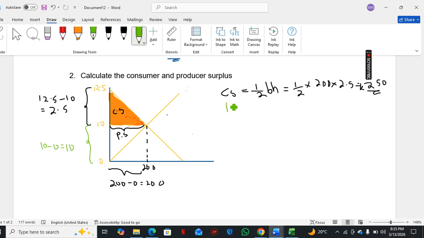So you say producer surplus equals half times B times H, so half times 200 times 10.